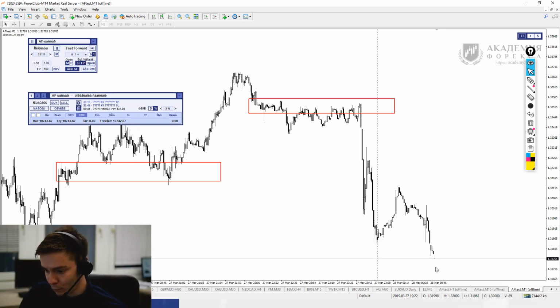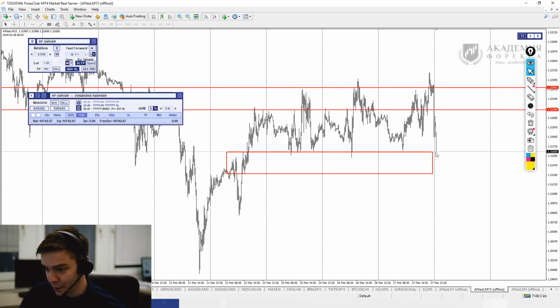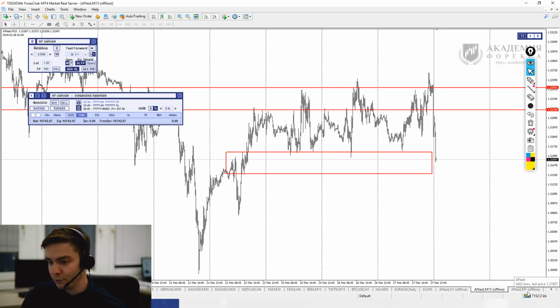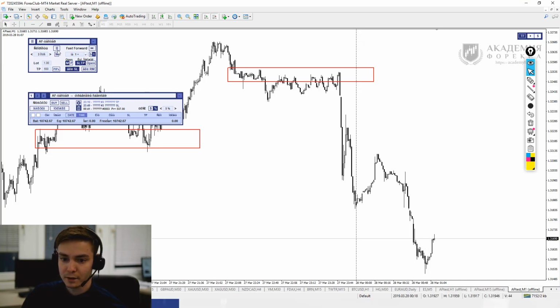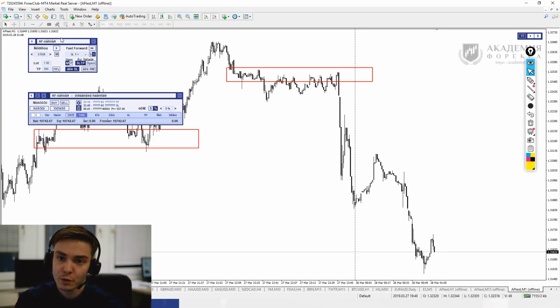Probably market will move to our place of consolidation as mentioned here, exactly here to our support, and we could make more, but this is not my strategy. Usually I close the trades after a session is closed. In this case, the American session was closed, I believe.